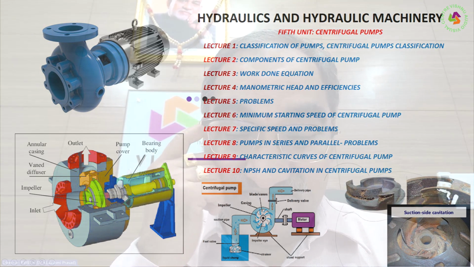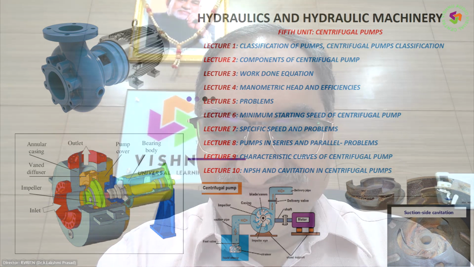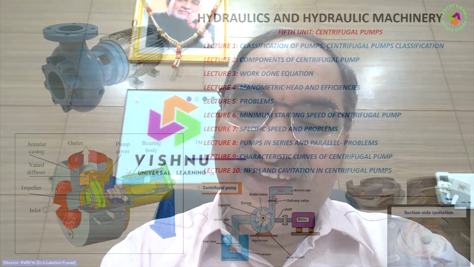What is a pump? Till now, we learned what is a turbine. Now I am asking, what is a pump? A pump is a hydraulic machine which converts mechanical energy to hydraulic energy, whereas a turbine is a hydraulic machine which converts hydraulic energy into mechanical energy.